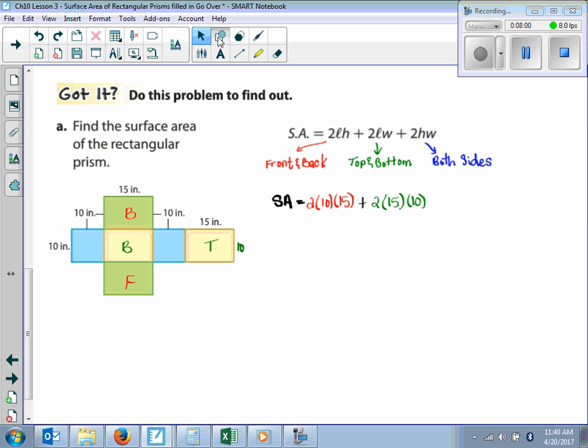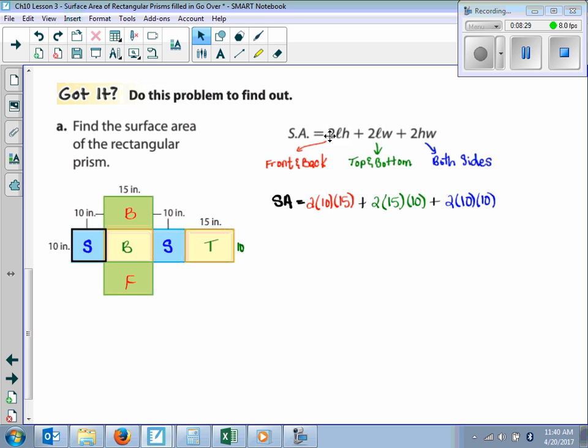And now we want to get the sides. So here are the sides. If I want to get those sides, what am I going to multiply? 10 times 10, right? So that's 10 times 10, and there's 2 of them, so we multiply times 2.